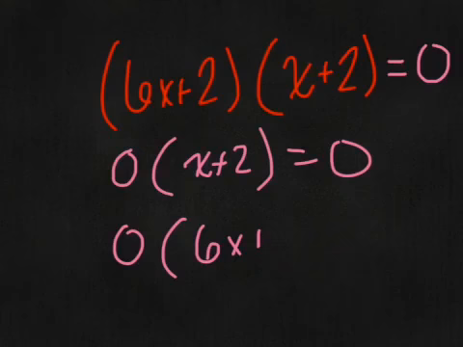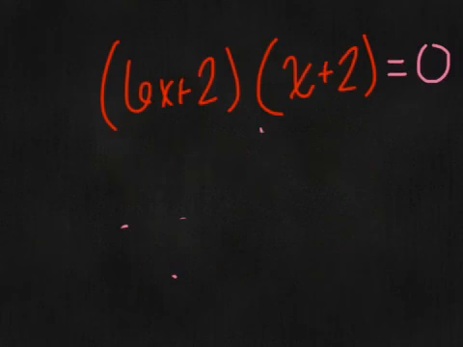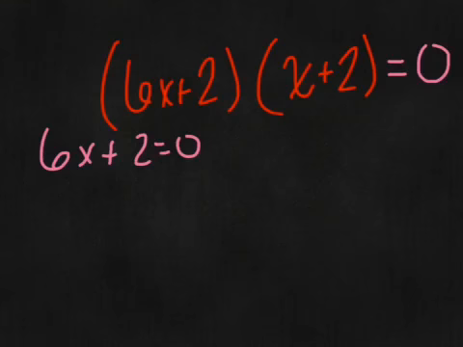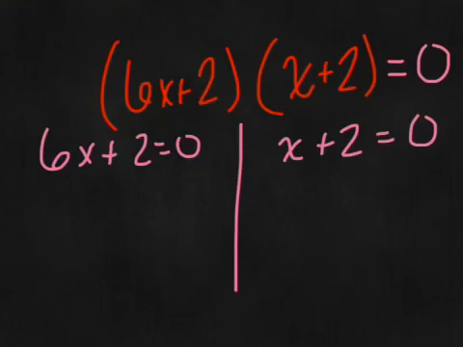So the way that we're going to solve this is by setting each binomial equal to 0. 6x plus 2 equals 0, and x plus 2 equals 0. At either of these solutions, this graph would cross the x-axis. So we'll solve both of them.